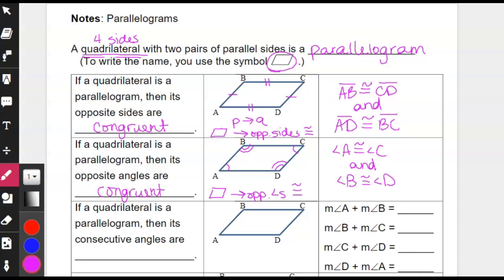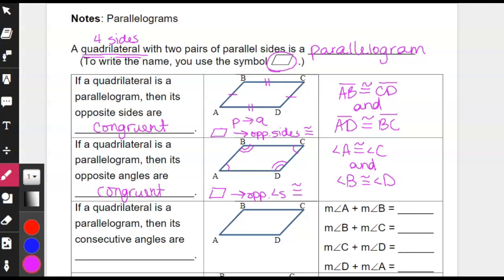All right, let's move on to the third property of parallelograms. It says if a quadrilateral is a parallelogram, then its consecutive, meaning one right after the other, angles are what? We've talked a lot about transversals and parallel lines, which we can kind of incorporate into these parallelogram pictures.